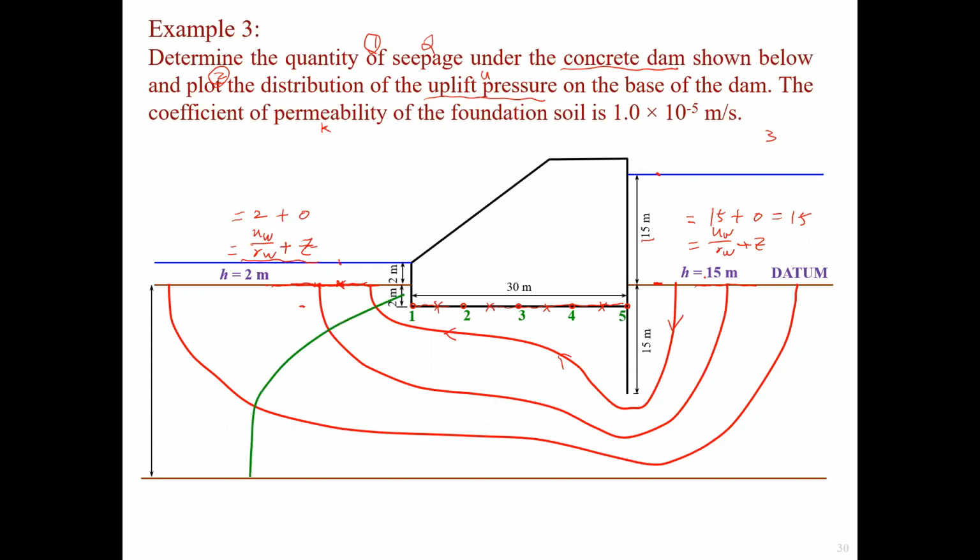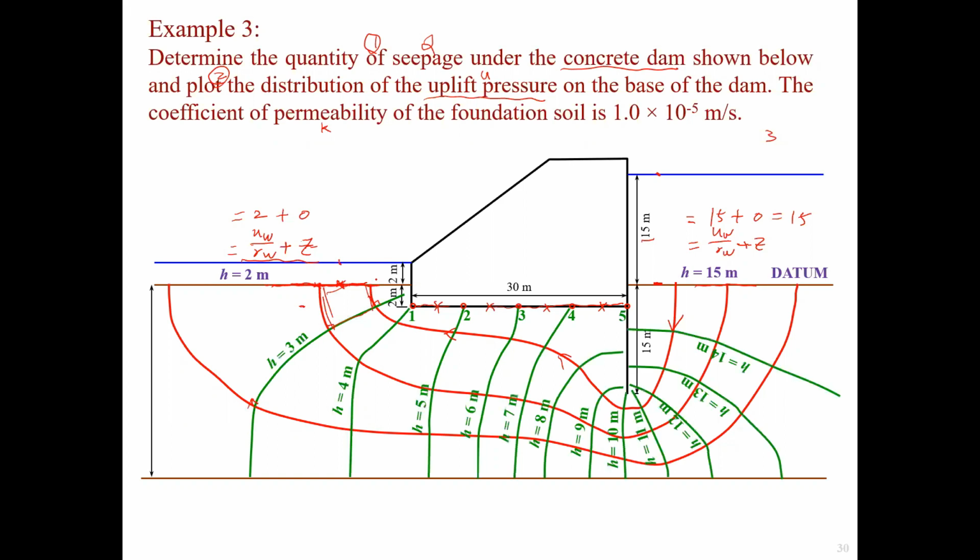So for this case, we get 3 flow lines. If we meet the square requirement, and also the right angle requirement roughly, we can't make exactly the square everywhere, then we can get the equipotential lines. How do you find the other values for H?